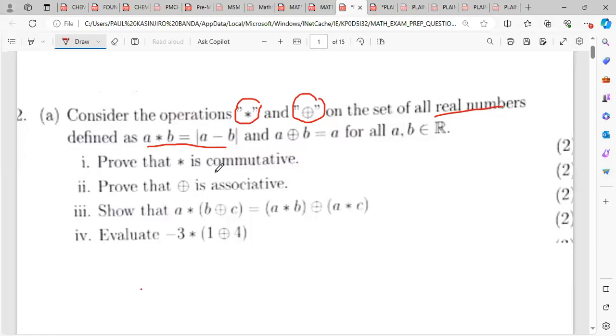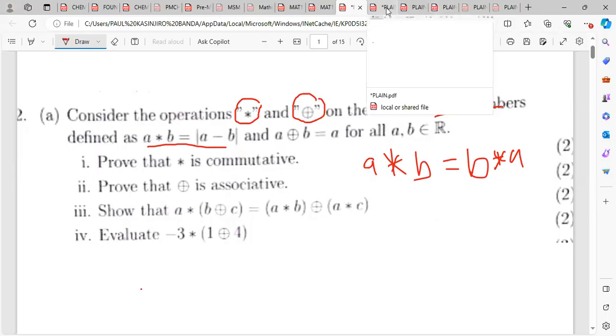We all know that when you're proving something to be commutative, A star B should be equal to B star A. That's the rule of commutativity. Let me go to my board.